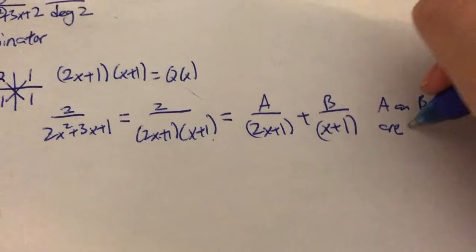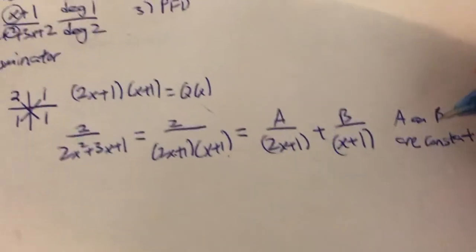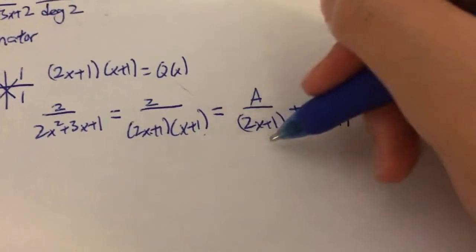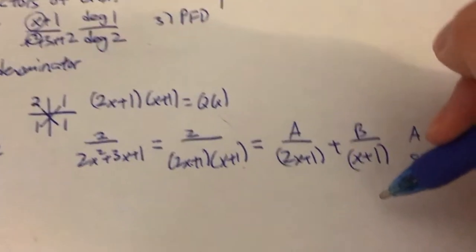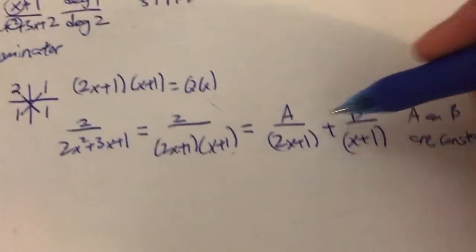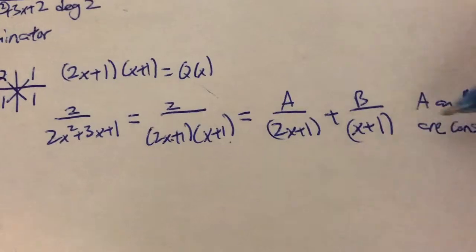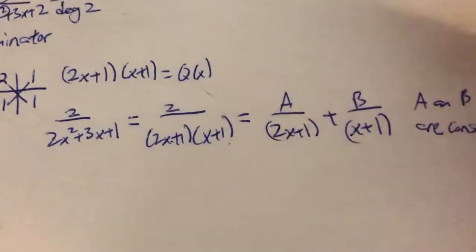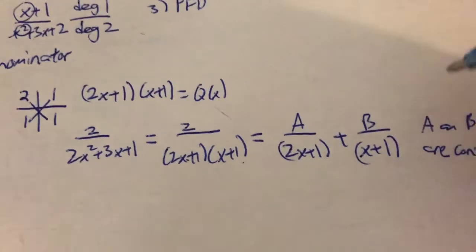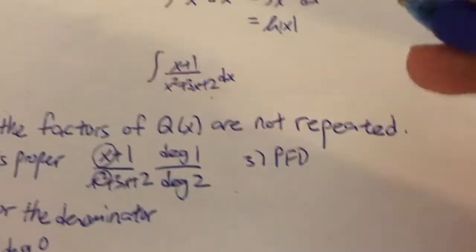Okay, so we can split them into two different terms, or two different fractions, right? And basically say a and b are just random constants that will add up together, in which it will make 2. Okay, so that's what this is. So that's why I say step number 3, do the PFD.